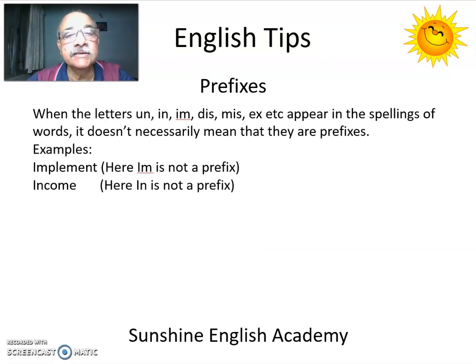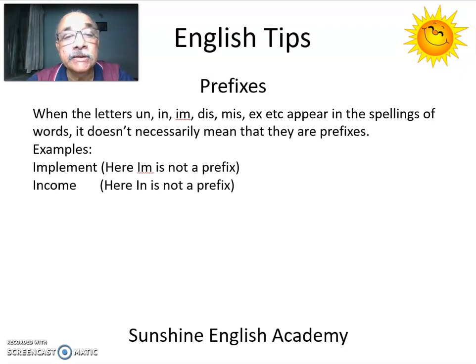Whenever the letters UN, IN, IM, DIS, MIS, EX, etc. come at the beginning of words, it doesn't necessarily mean that they are prefixes. Let's look at the examples. Implement. Here, IM is not a prefix.